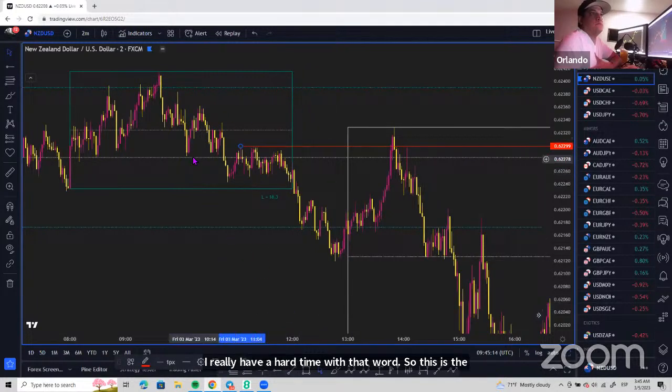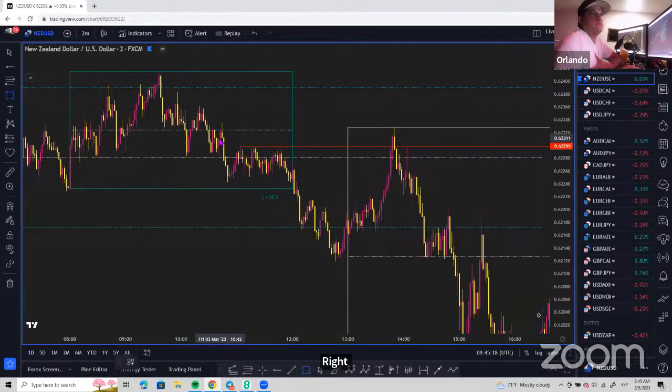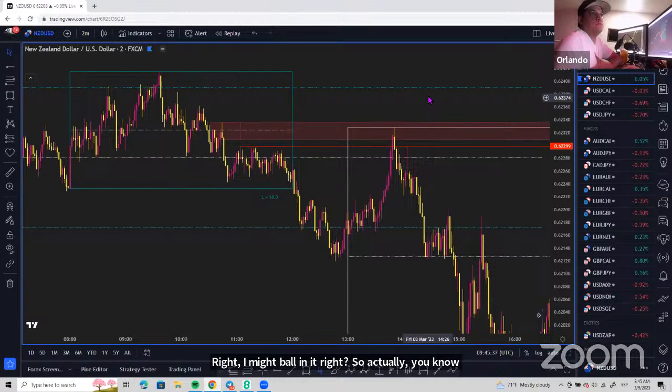Then I look for the supply zone that created the break of the structure of these lows. And here we have it. I'm eyeballing it. So here we have it.